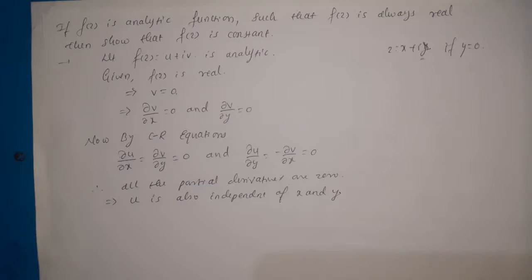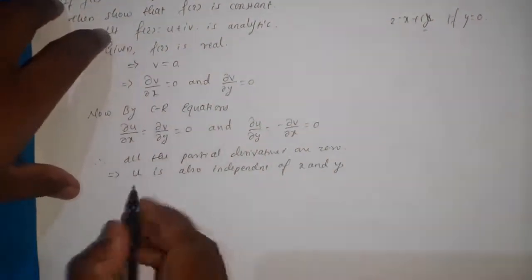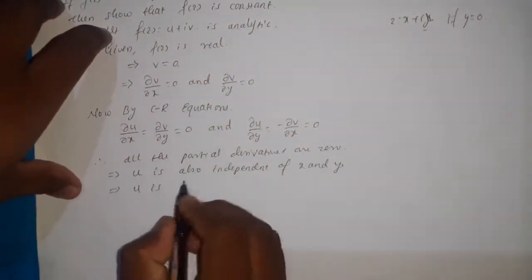So it is independent of x and y. If any function is independent of x and y, hence it is constant. So here u is constant.